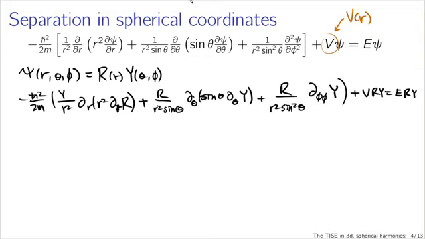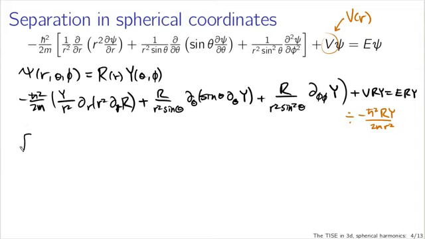And I can do that by, as before, dividing through. In this case, I'll be dividing through by the quantity minus h bar squared R Y over 2m with also an r squared. So the division, to simplify things, is a little bit more complicated, but the overall result follows the same general structure, only more complicated.